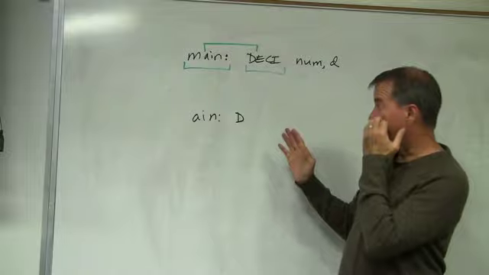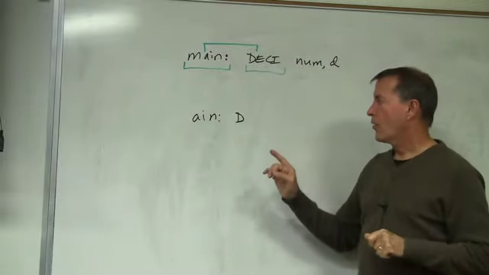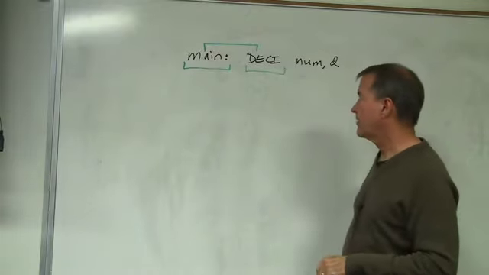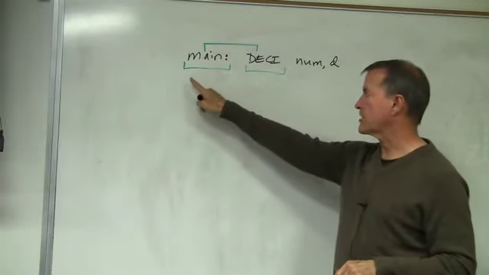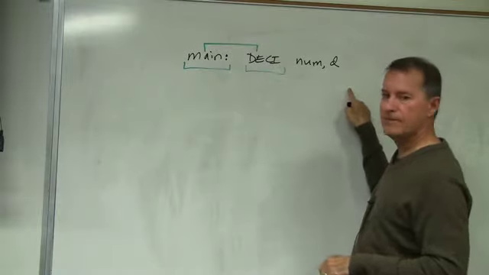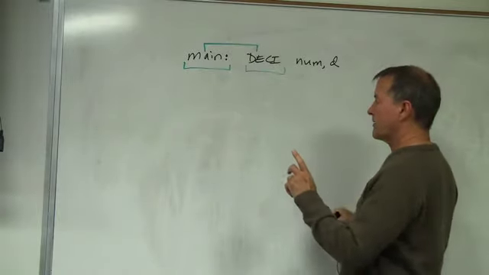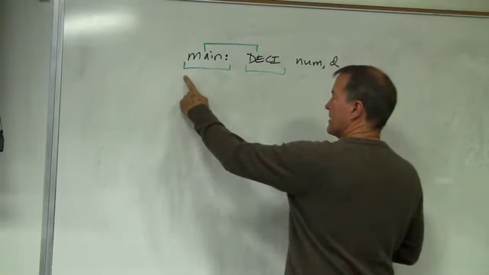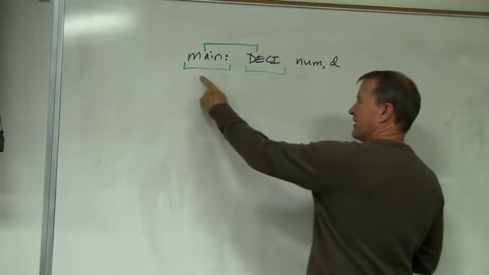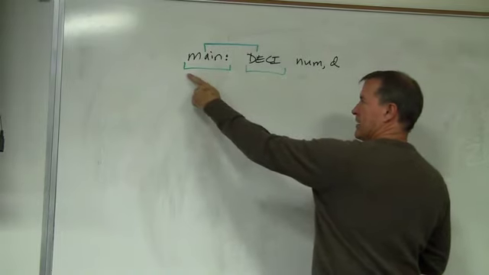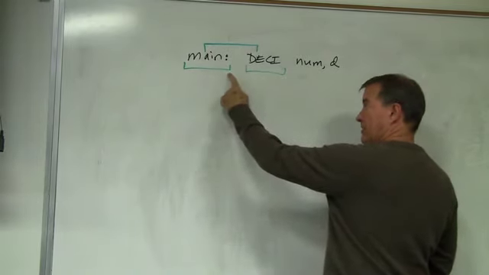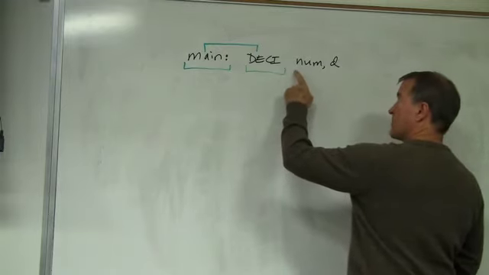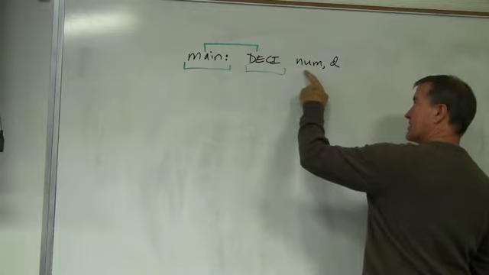Okay, but here's the thing, you guys. Whenever your assembler goes by and has to translate this, you don't know if the next thing coming up is going to be a symbol followed by a colon, or if it's going to be a mnemonic, or if it's going to be this.